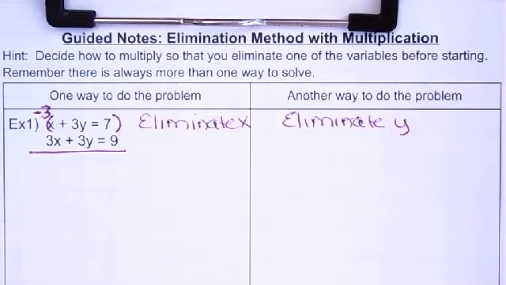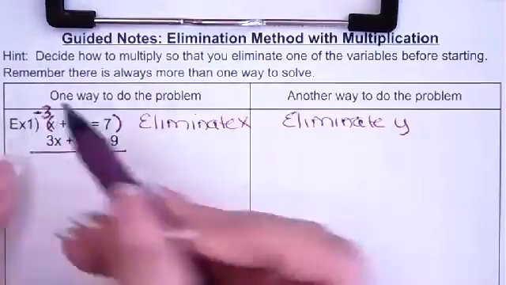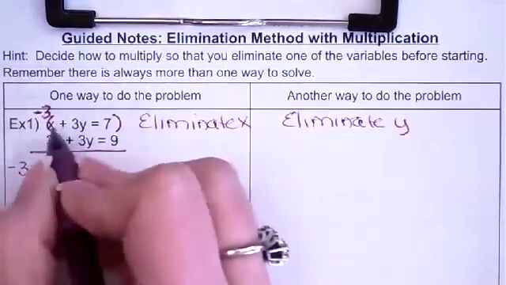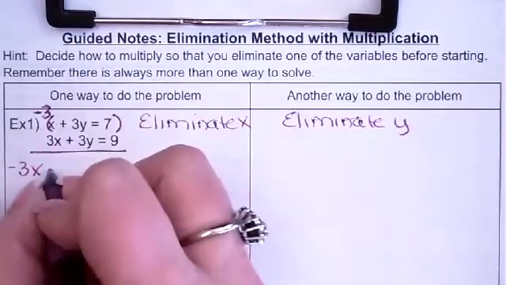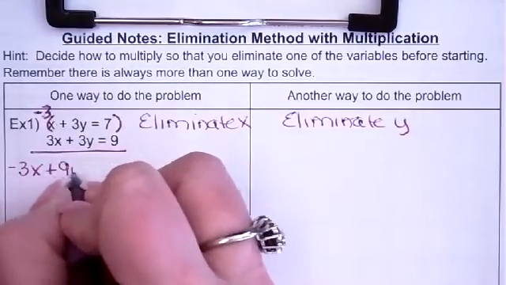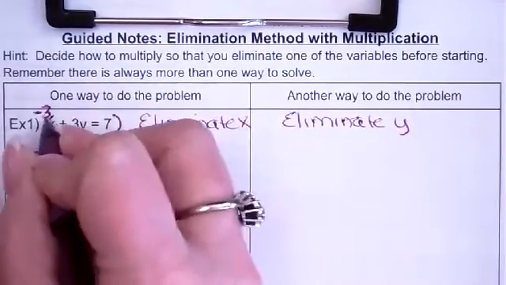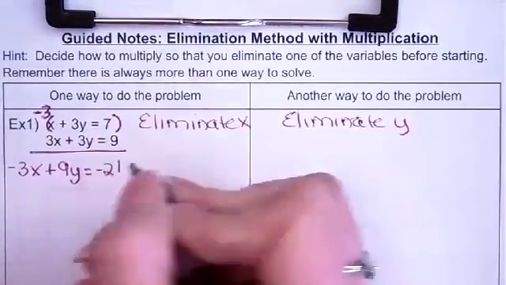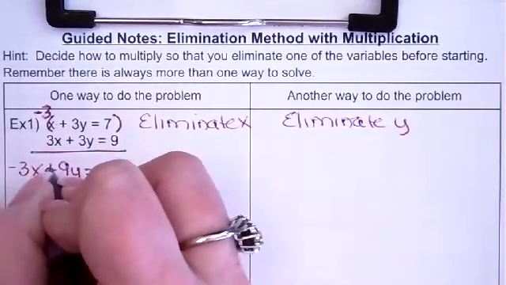Let me write this out, multiply it out, and we'll see what we're talking about. So -3 times x is -3x. -3 times 3y is -9y, equal to -3 times 7, which is -21. By the way, that shouldn't be a plus right there.